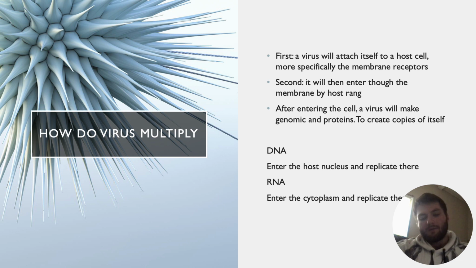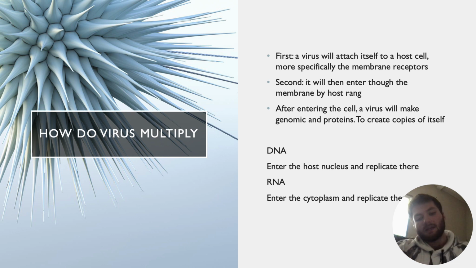What a virus essentially does is attach itself to the outside layer of the cell, use host range, and penetrate through that cell. It's either going to go to the nucleus or to the cytoplasm.